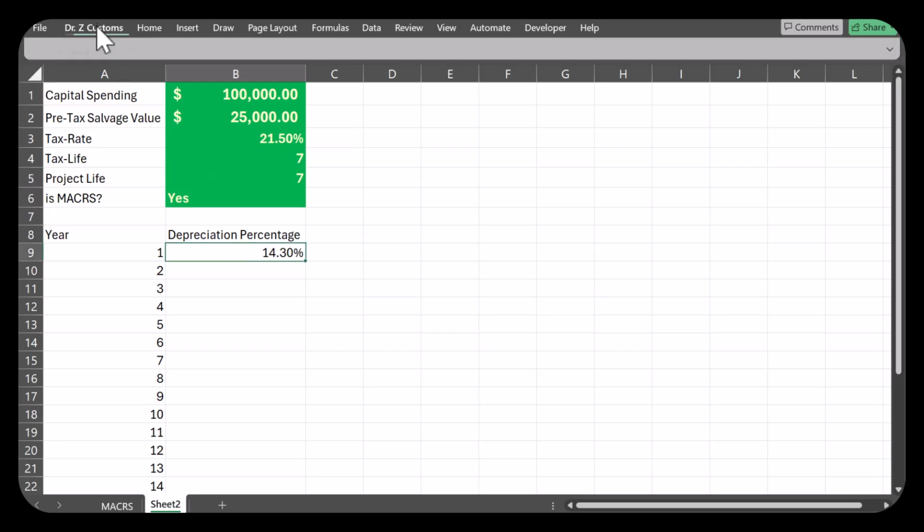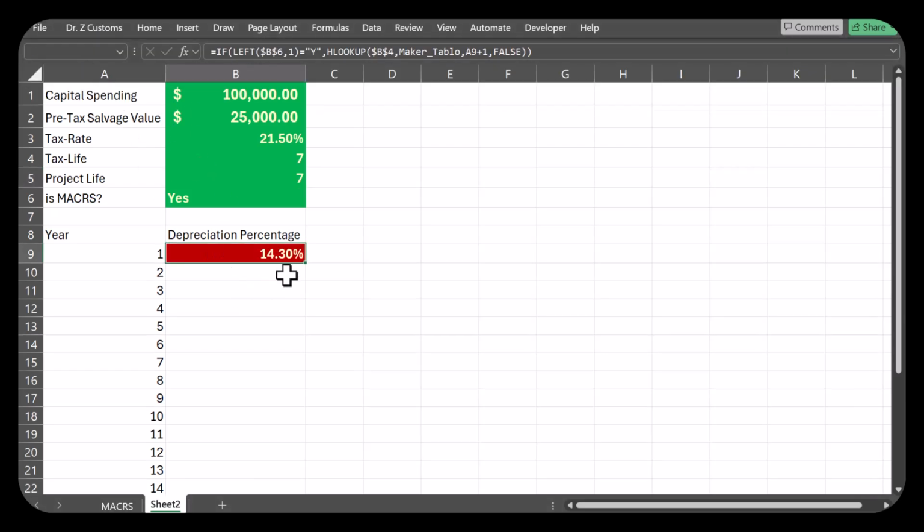But I'm not done. At this point, I only made the calculation if it was makers. So comma, what am I going to do if it is indeed straight line? Well, I'm going to do 1 over the tax life. So if this is a no, or if this was 10 years, all right?